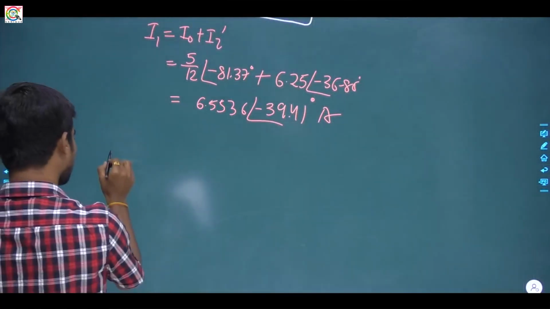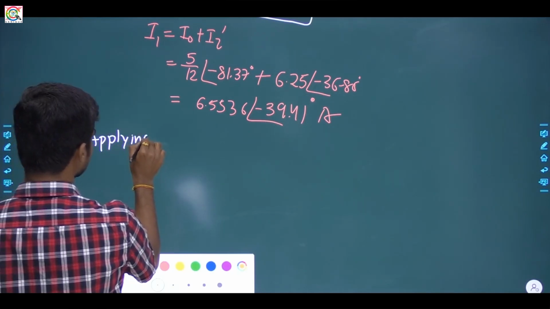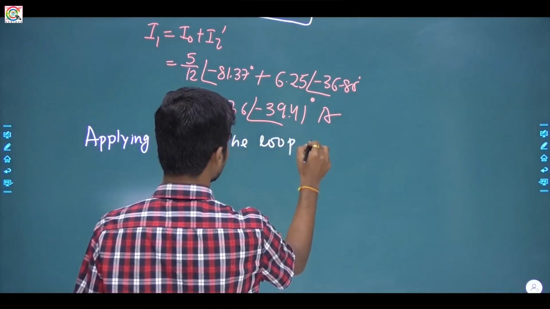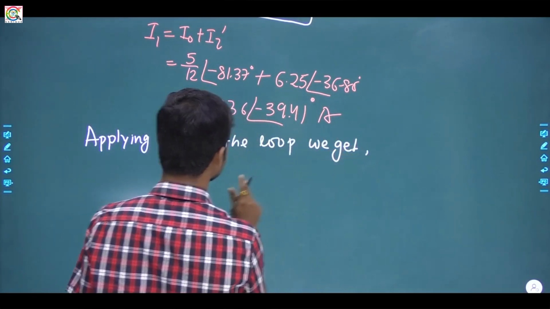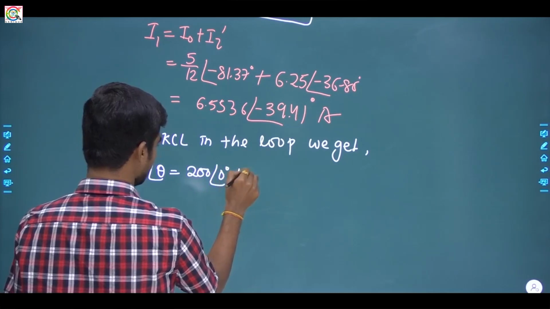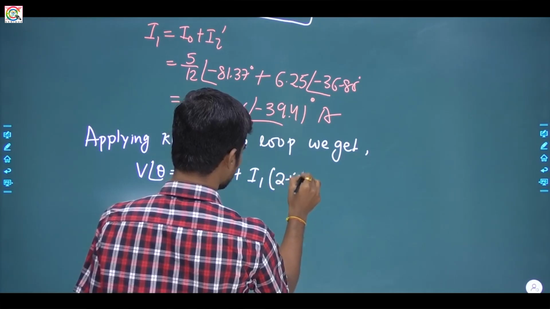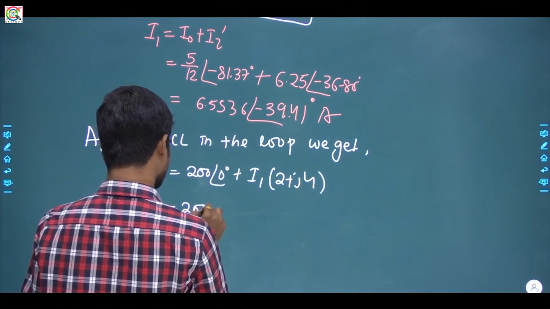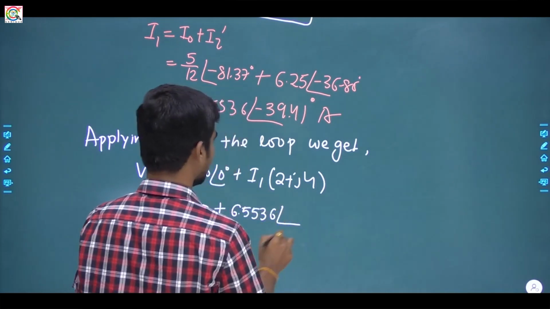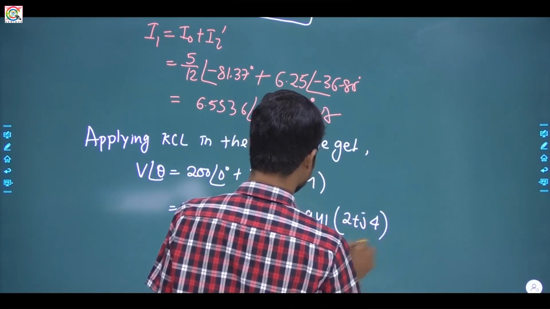So applying KVL in the loop, we get V angle theta is equal to 200 angle 0 plus I1 into 2 plus J4, is equal to 200 plus 6.5536 angle minus 31.41 times 2 plus J4.